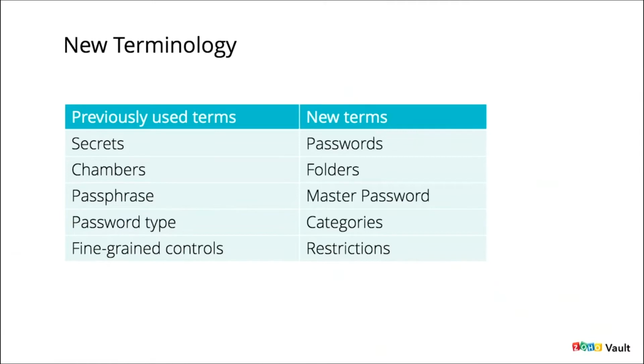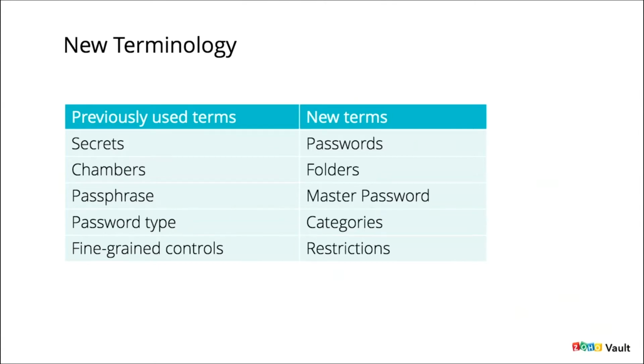Before we step into the screens from our new UI, we'll have to take a look at the key terms used in the product, because we have replaced the existing ones with cleaner terms. Secrets will now be renamed to passwords. Chambers will now be folders. Your passphrase will become master password. Password type will be categories, and fine-grained controls will be restrictions.